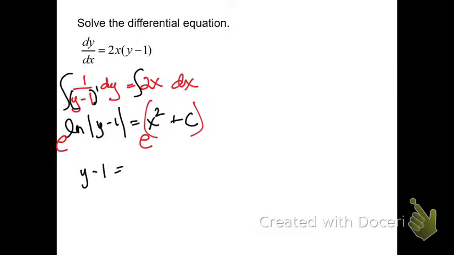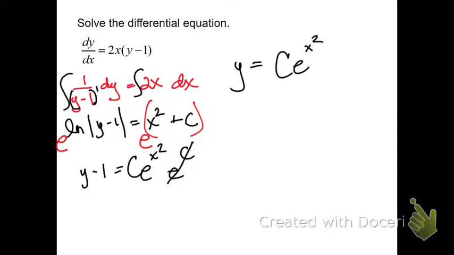So when I rewrite e to the x squared plus c, I'm going to write it as e to the x squared times e to the c, and then I'm going to replace e to the c with just c. Okay? Now get y by itself, add 1, and your final answer will be y equals c e to the x squared plus 1. Okay, so this is a very, very, very common problem on the AP exam.